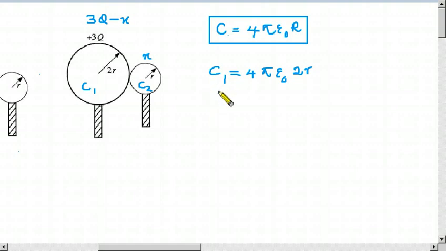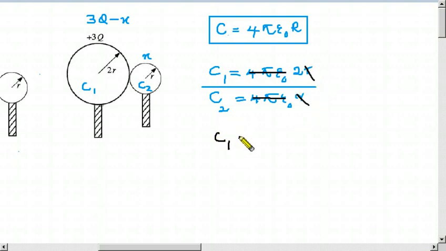For the smaller one, C2 equals 4 pi epsilon naught r. So dividing the first by the second, the common terms cancel, and we get C1 equals 2 times C2. So this is the relationship between the capacitances.